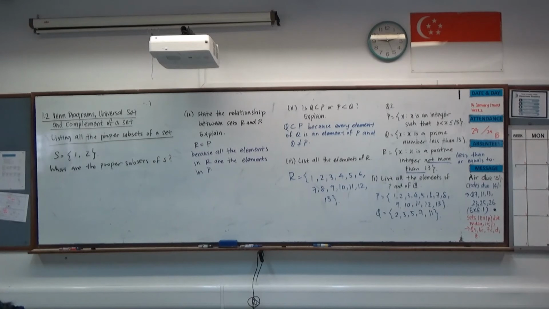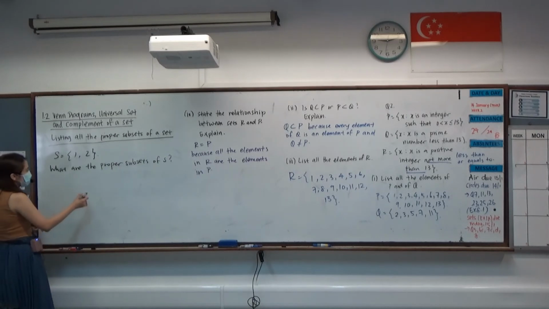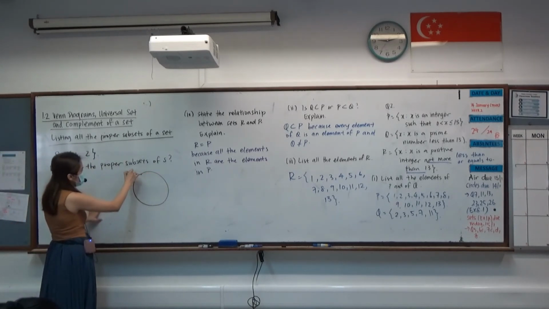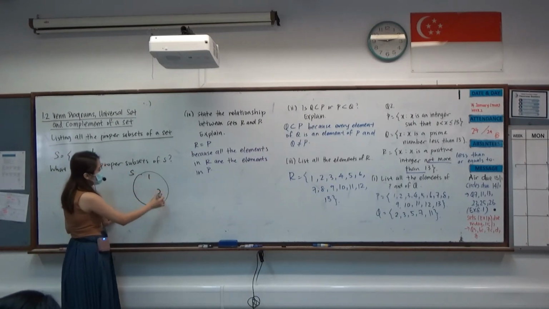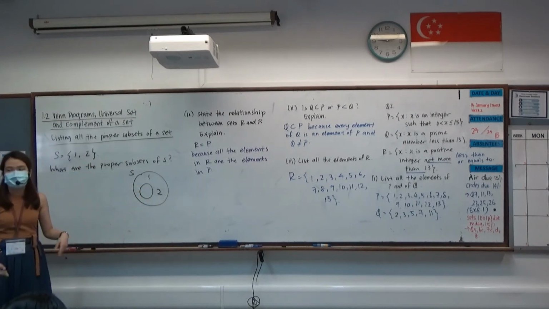Empty set. Okay, that's very quick that you think of the empty set already. Yes, the empty set is a proper subset of S. So if you think of S in this way, we can have 1, 2, and another circle inside that is empty.